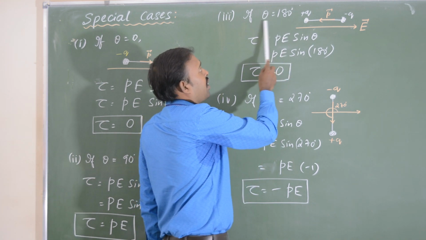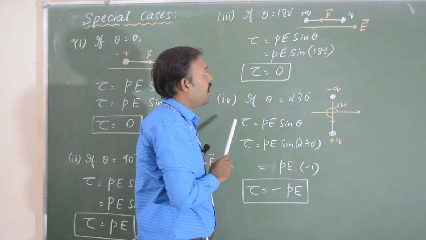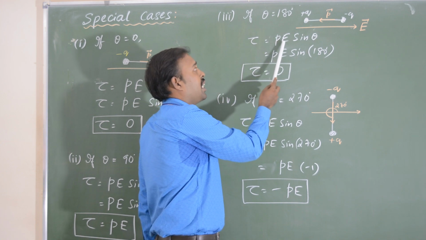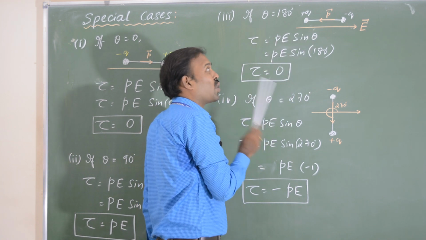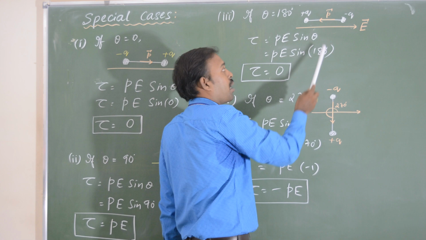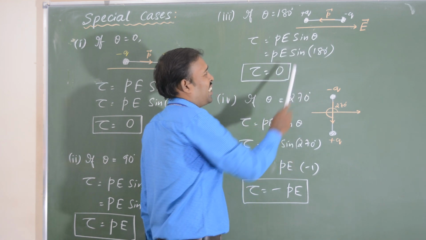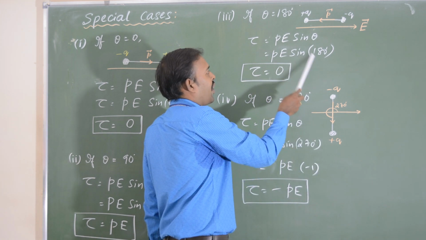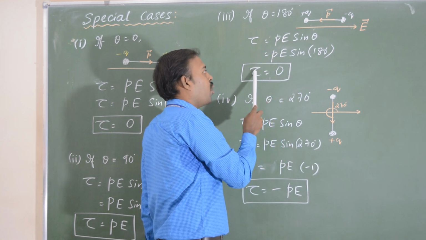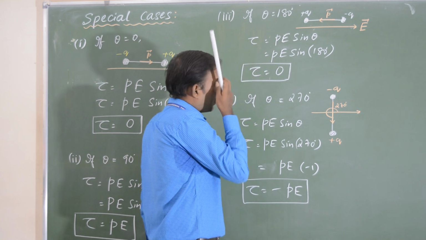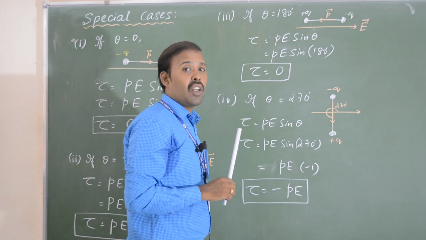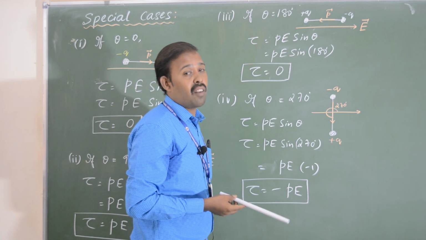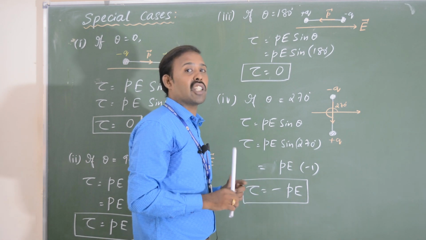That means theta is 180 degree. Again we know the expression for torque, tau is equal to PE sin theta. So now I am going to replace theta by 180 degree. What is sin 180? Again it is 0. So 0 into anything is 0, tau is equal to 0. That means the dipole will not experience any torque when it is placed opposite to the direction of electric field.